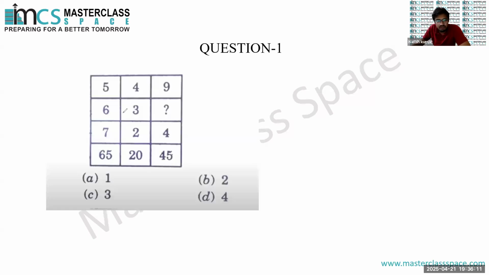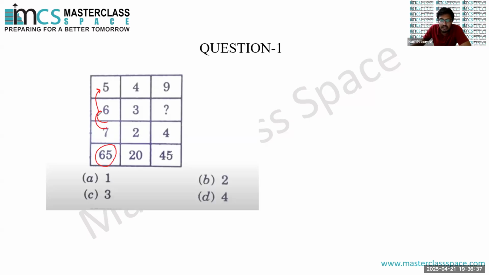Does multiplication work? 5 into 6 is 30, 30 into 7 exceeds, so multiplication also doesn't work. Now what could be happening? Two digits might be added, then the third digit multiplied. 5 plus 6 is 11, 11 into 7 is 77, which doesn't work out. 6 plus 7 is 13, 13 into 5 is 65, which is here. So this seems to be working out.